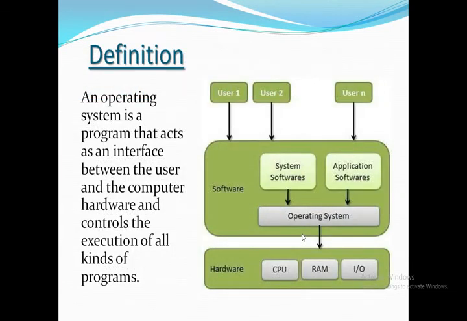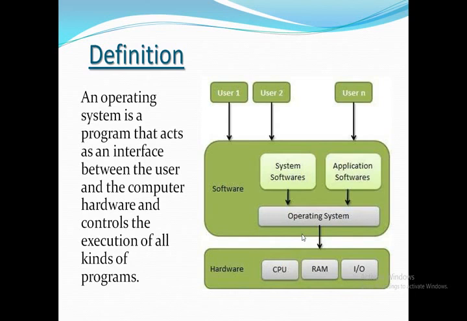So the definition of an operating system is a program that acts as an interface between the user and the computer hardware and controls the execution of all kinds of programs. In this diagram, we can see that multiple users are handled by an operating system to access the hardware.